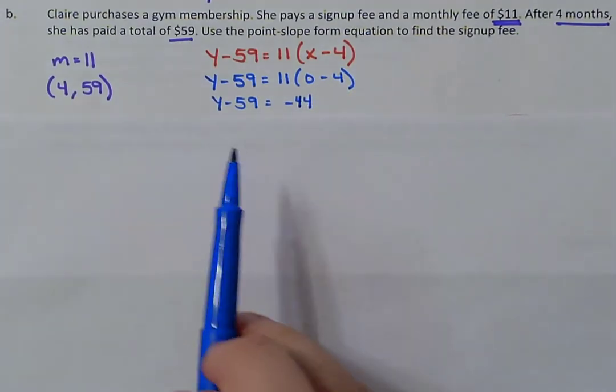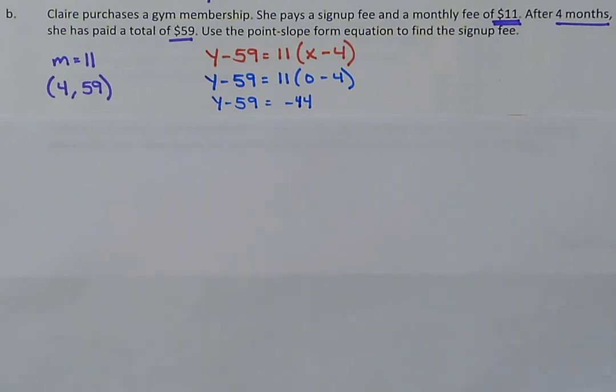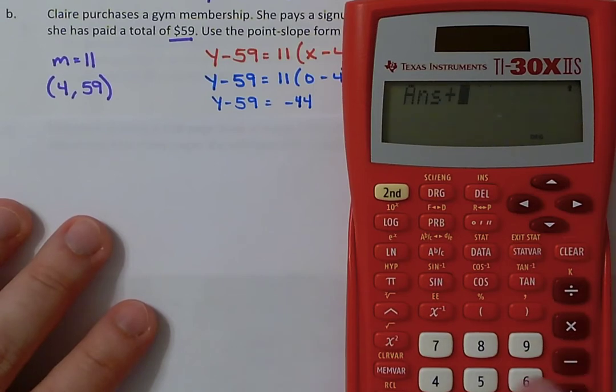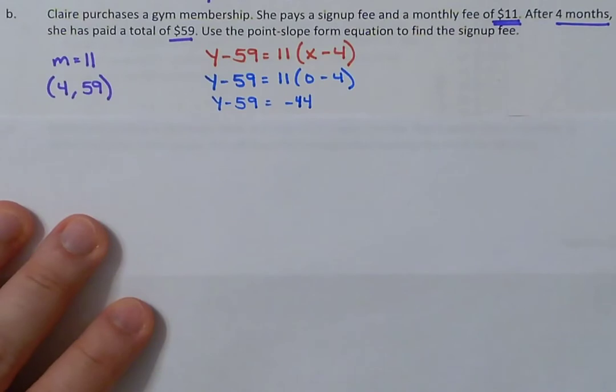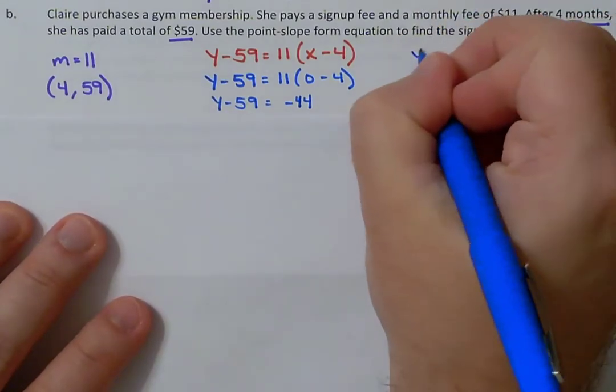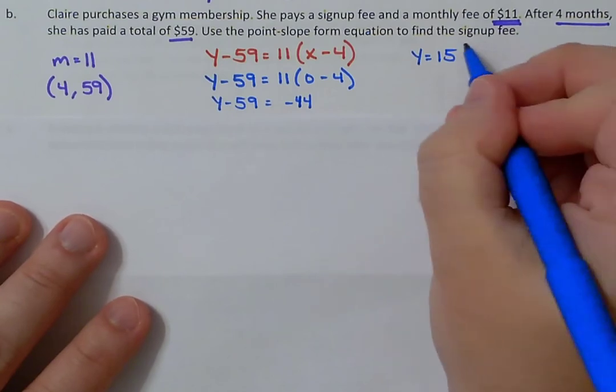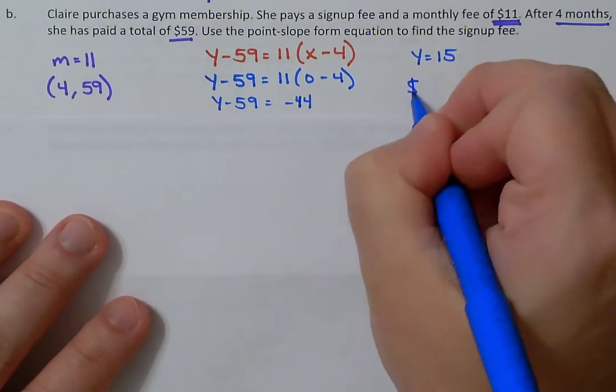And then I need to add this 59 over to figure out what my startup fee is. So if I add 59, I end up with 15 for what y equals. So that means my startup fee, or my sign-up fee, is $15.